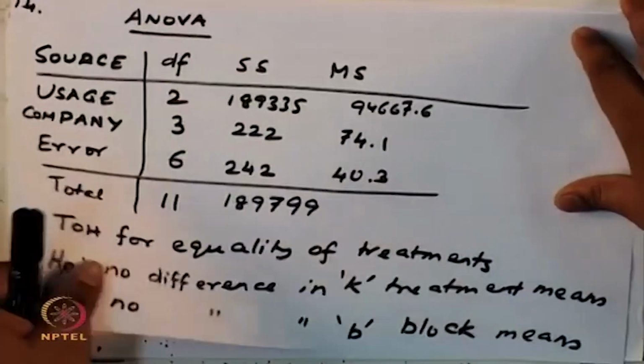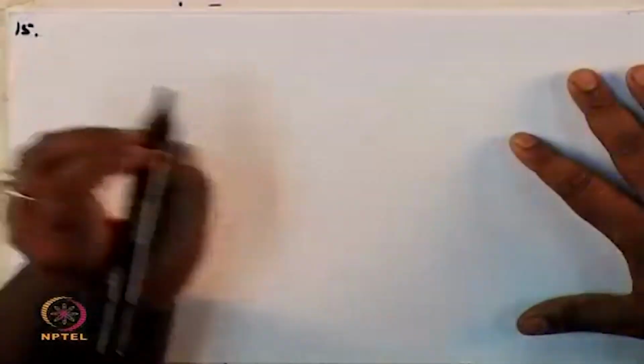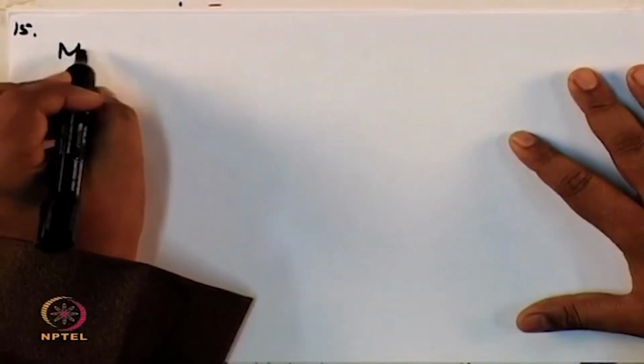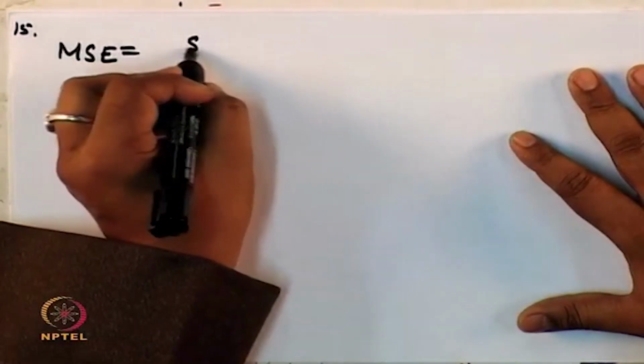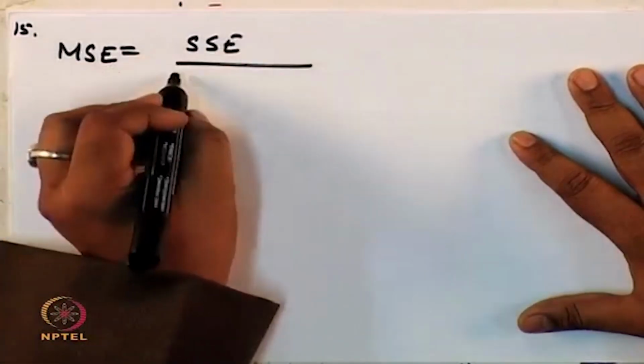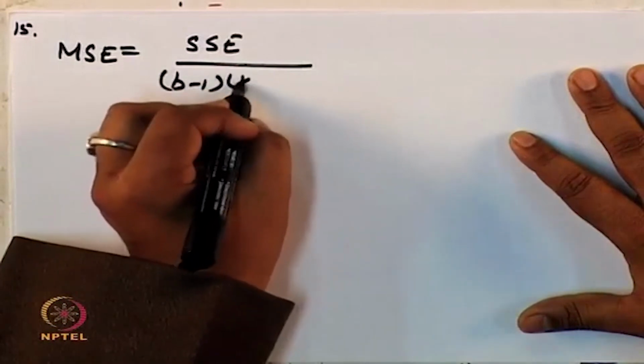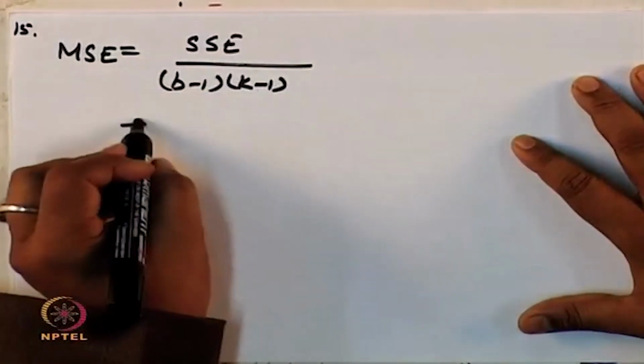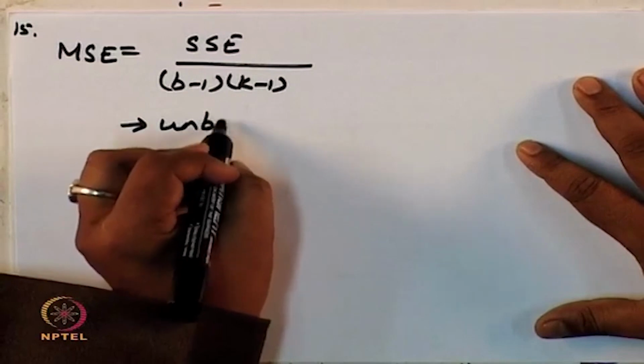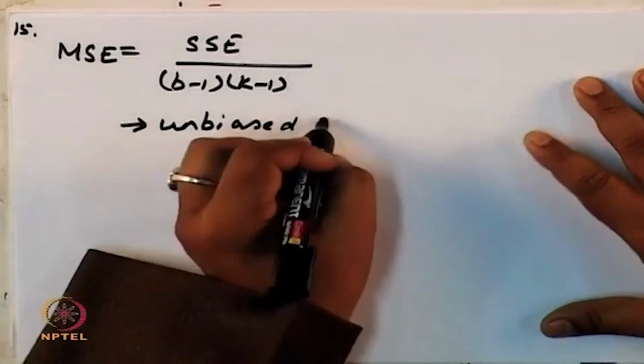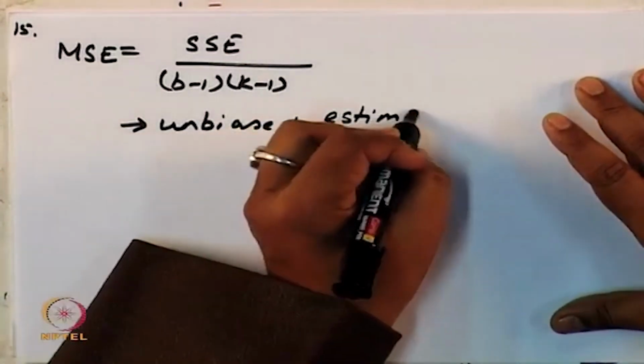You can have these two cases. You can calculate your MSE as SSE by B minus 1 into K minus 1, as an unbiased estimate of sigma square.